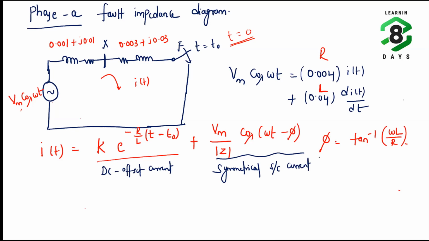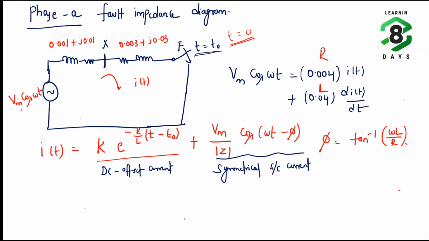Understand? So why has this t minus t naught come? Because my fault is not occurring at time equal to 0. It is occurring at t equal to t naught. Understood? So if you can bring down the problem to this point, then your problem is solved.